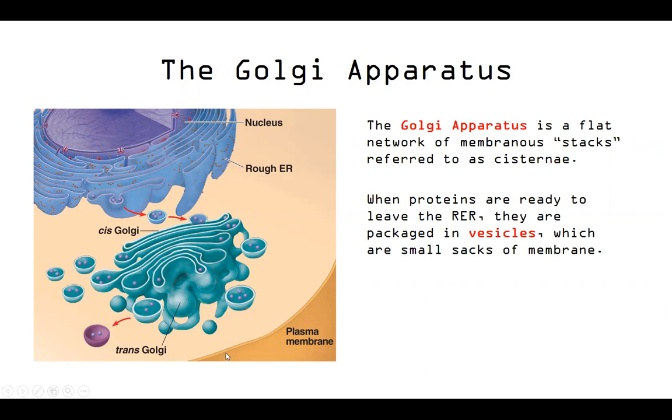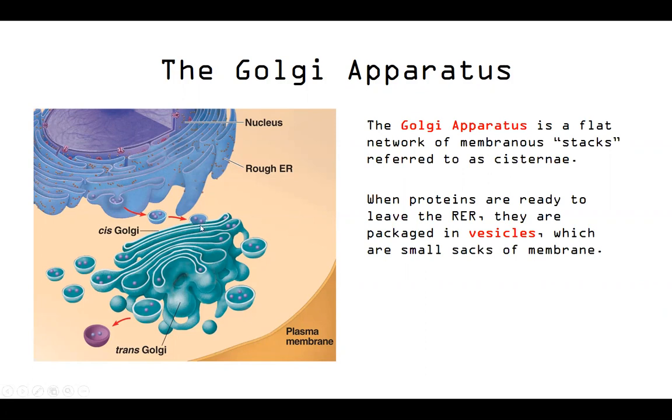Okay, so when proteins are ready to leave the rough ER, they're packaged in what are called vesicles, which are basically small bubbles of membrane with proteins encased inside. So we'll ultimately be learning more about how these function, and how we know what to package in a vesicle.